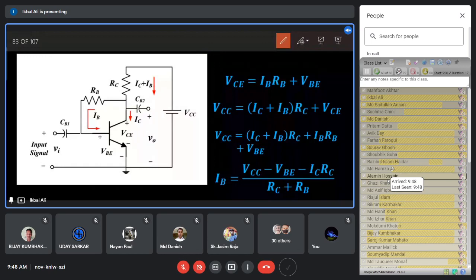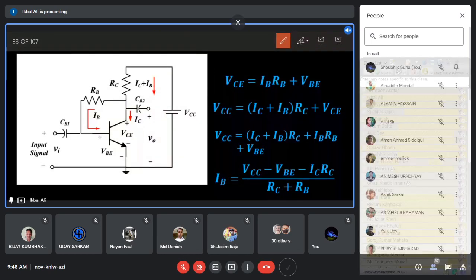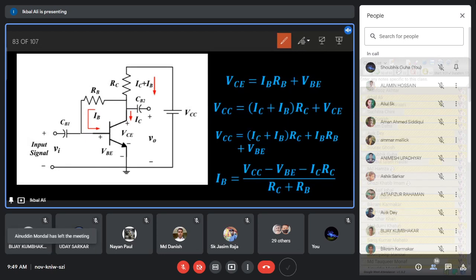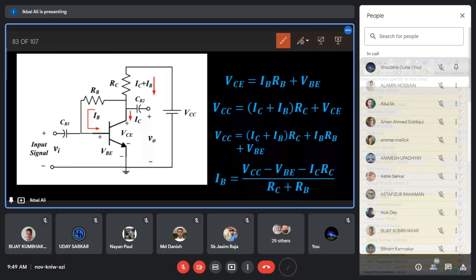Just look carefully that it is an NPN transistor. So N is the emitter, P is the base, and there is a PN junction. If the PN junction is forward biased, you know from the previous classes, from the concept of the semiconductor junction, that the depletion region potential will be 0.7 volt for silicon material. Same thing here. Between base and emitter you have a PN junction, and this biasing circuit will make this base-emitter junction forward biased.